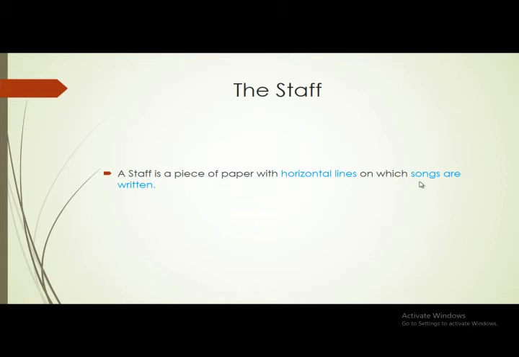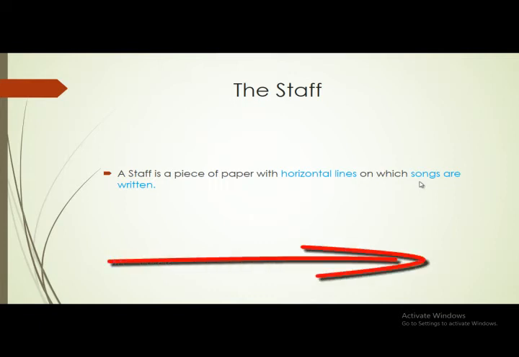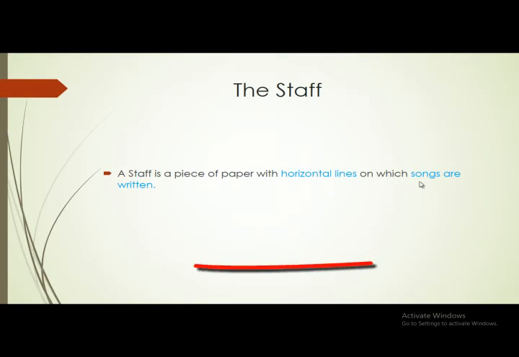When I talk of horizontal lines, some people do confuse horizontal or vertical. Simply put, horizontal lines are lines that you draw from the left hand side to the right hand side, or from right to left.